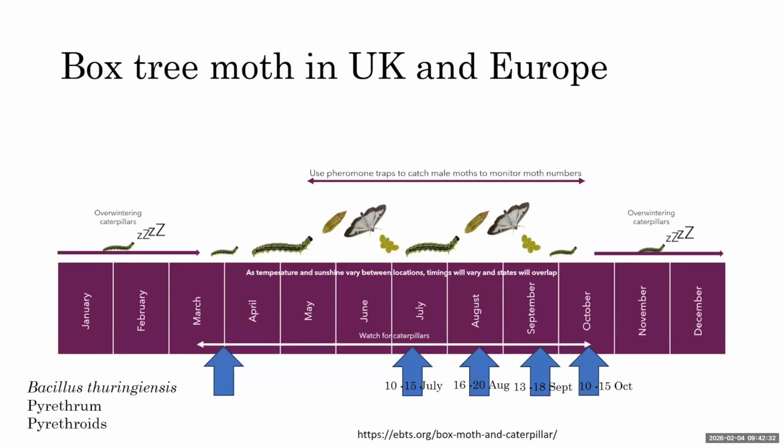And so what are they saying to use? One of their recommendations is Bacillus thuringiensis kurstaki, or BT, is one of the ones that they're suggesting people use. Pyrethrum, so it's the more naturally derived insecticide, or the synthetic pyrethroids.